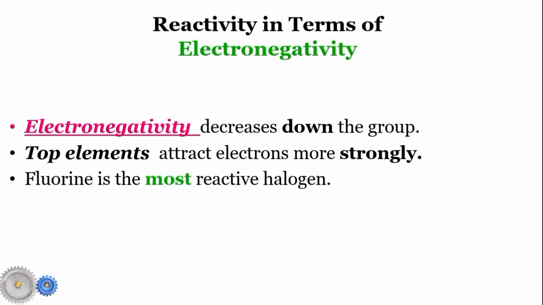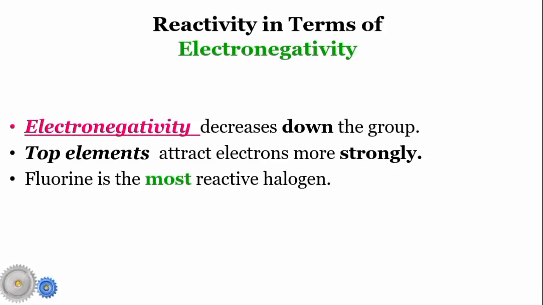We have also talked about the radius: having a small number of shells surrounding the nucleus means having a smaller atomic radius. So we have seen that electronegativity and reactivity are in direct proportion.